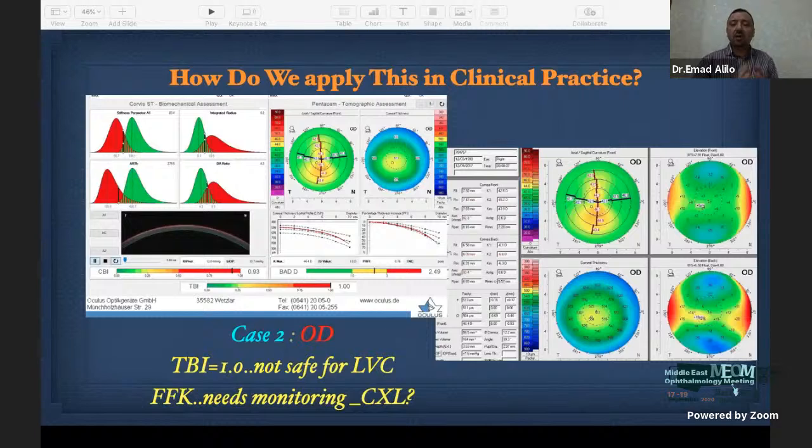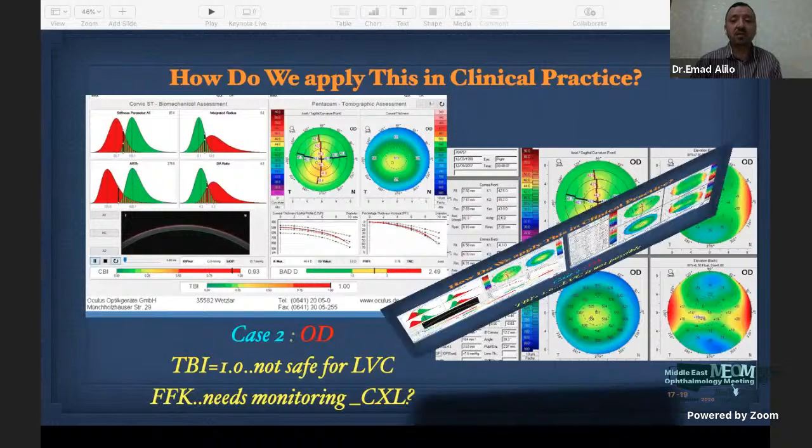So now our way of thinking has changed from doing laser vision correction to considering it a form of forme fruste keratoconus. Now the new concept is not forme fruste keratoconus, it is a cornea susceptible to ectasia. So this needs to be monitored, and we might consider cross-linking in case of deterioration of this cornea.